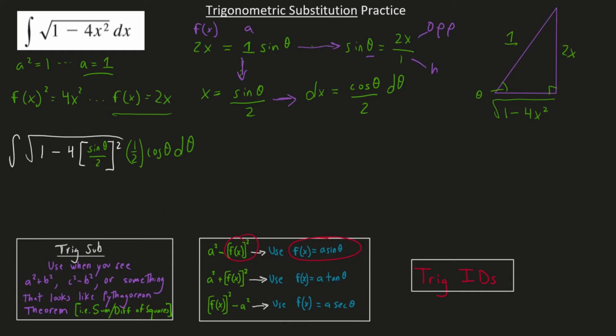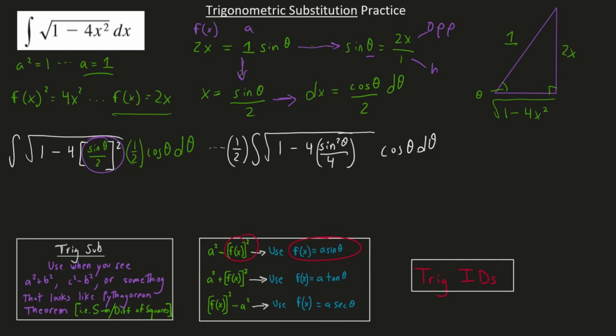So now that I've gotten my x's out and thetas in, I just got to do all the algebra now. Let's simplify, follow the algebra, and see what we end up with. So I carry out the squared here, end up with a sine squared of theta and 4. I bring out my 1/2. My 4's will cancel here.